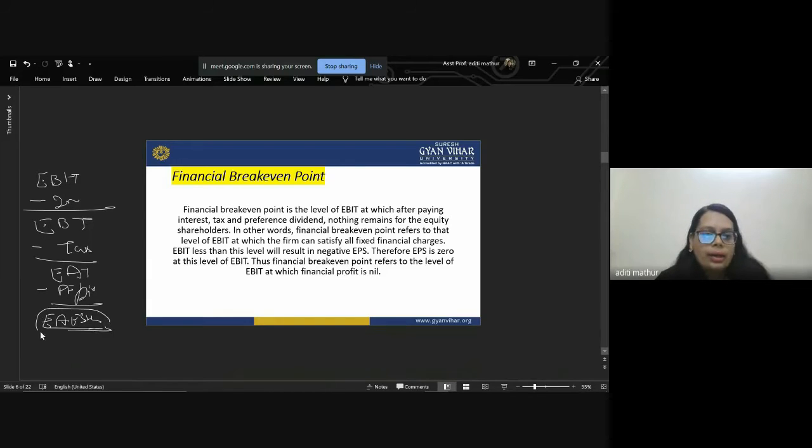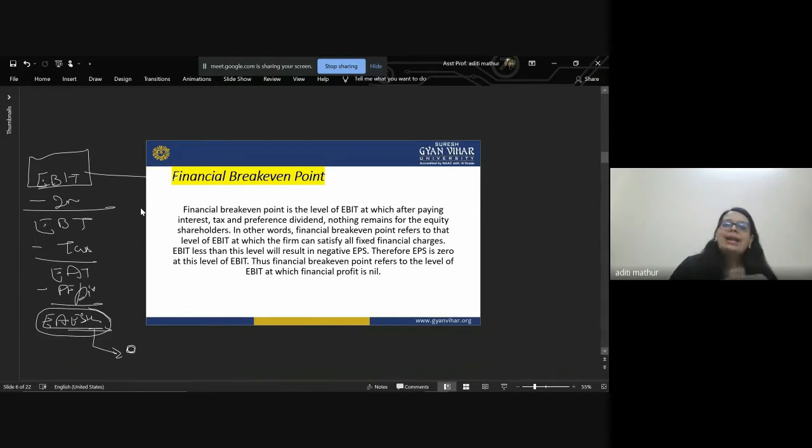This amount, earnings available for equity shareholders, is equal to zero. That means there is nothing left for the equity shareholders, right? And that is why that earning level, that means this value of EBIT, is known as your financial break-even point.